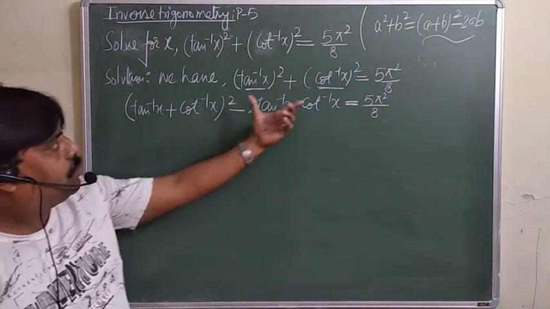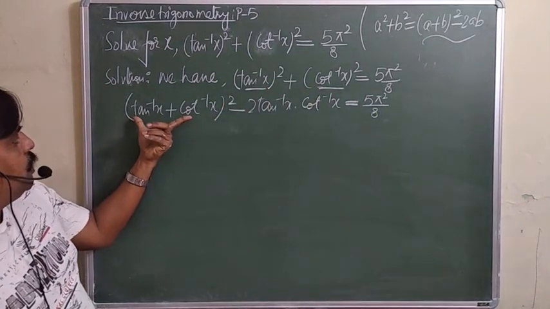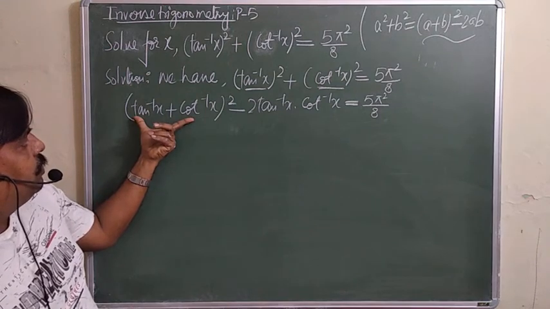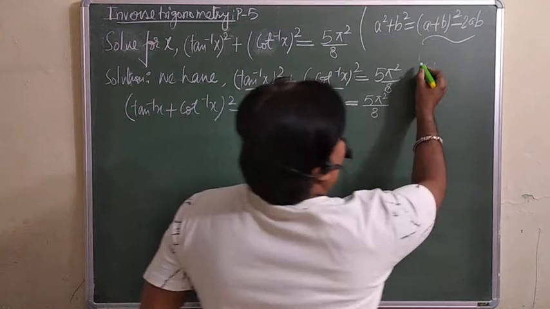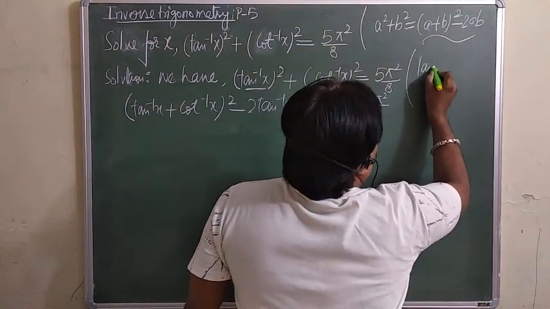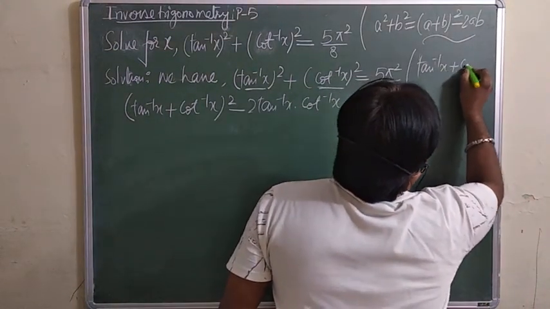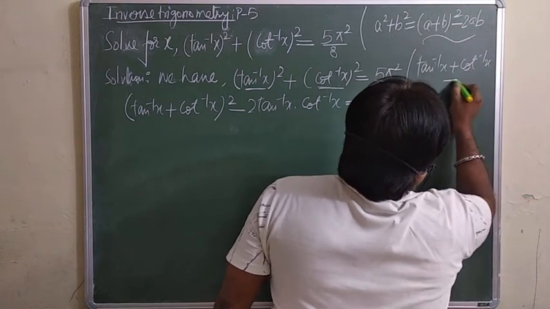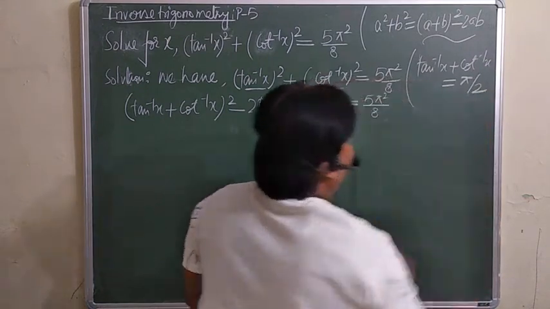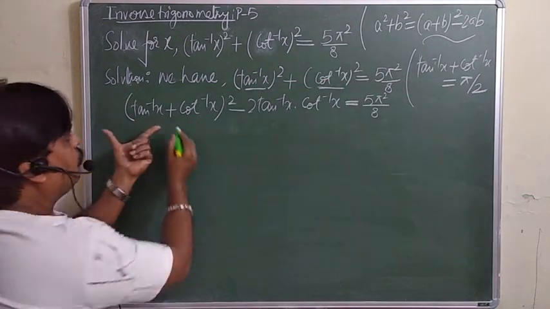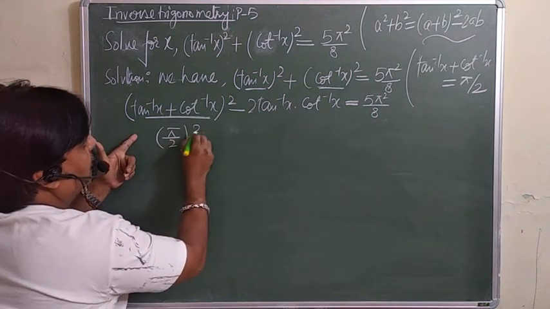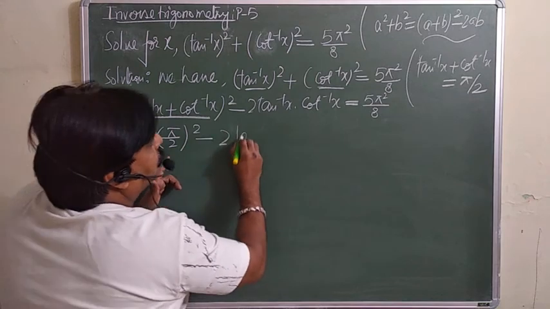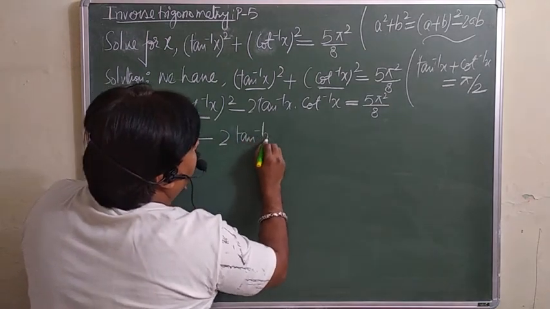Why exactly are we going to apply this one? Because now in place of tan inverse x plus cot inverse x you can write pi by 2. This is already you know, that tan inverse x plus cot inverse x is equal to pi by 2. So in place of this we can write pi by 2 whole square minus 2 tan inverse x.